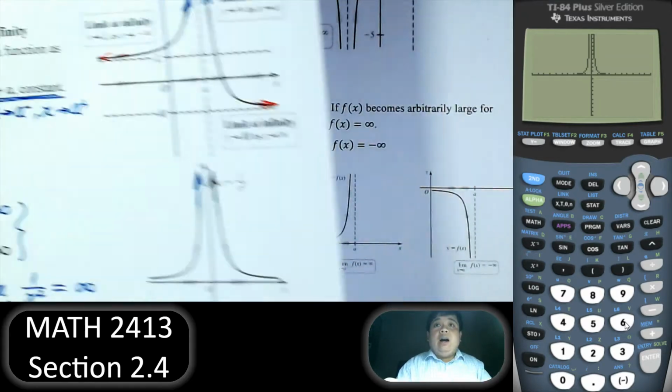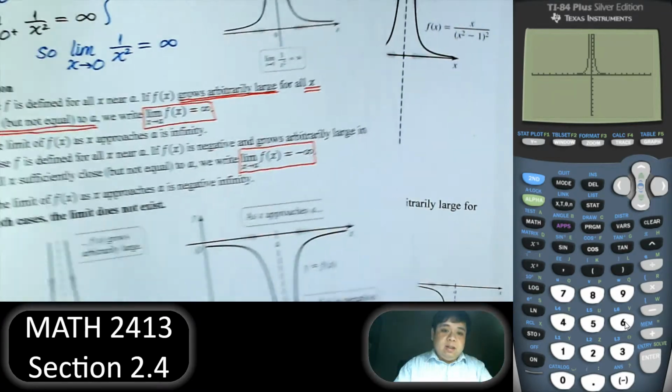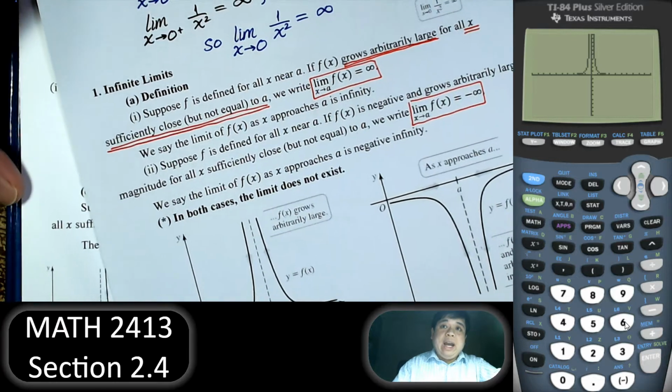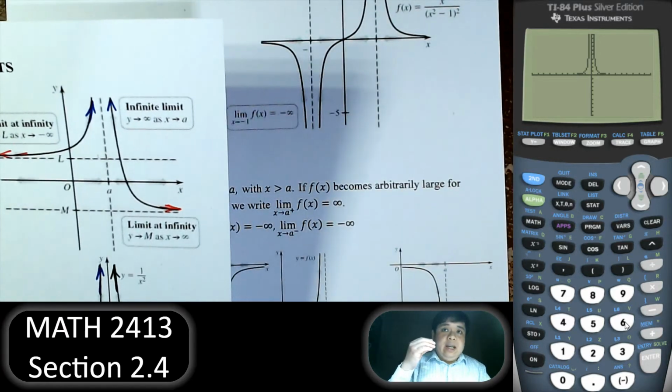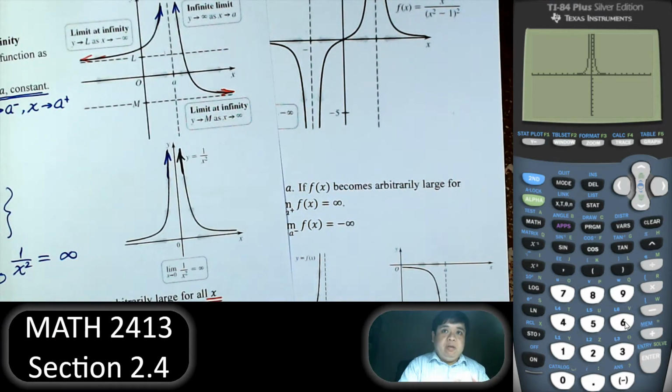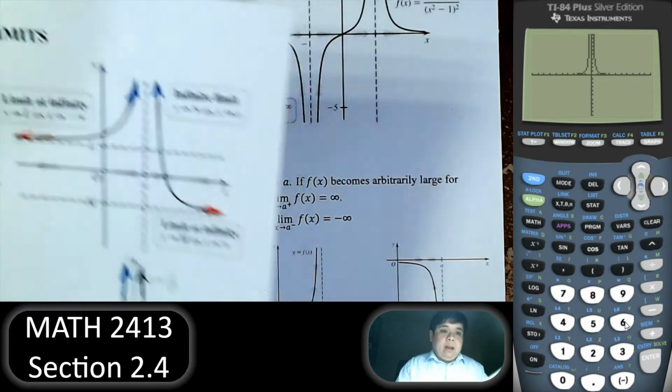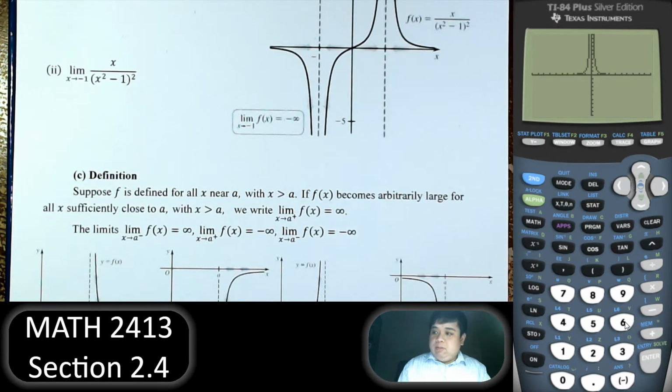But in the interest of calculation, if we can specify whether it is infinity or negative infinity, we do so. Unless it does not exist, then we say the limit does not exist. For now, we just look at the graph and we can say the limit.